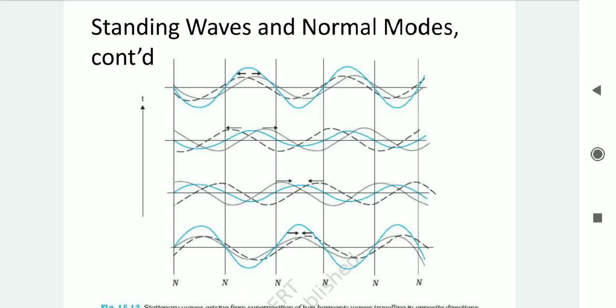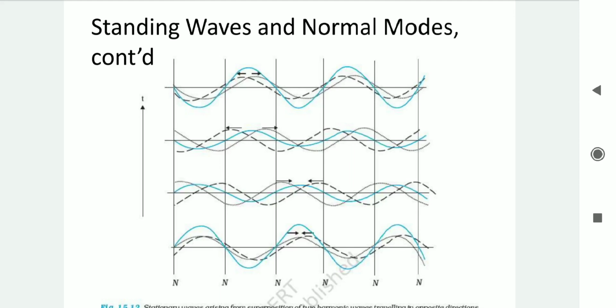At one point, their crests and troughs are at the same point, aligned. At that particular instant, they are not traveling further, right? But they are vibrating. Their amplitude is vibrating about its mean position.